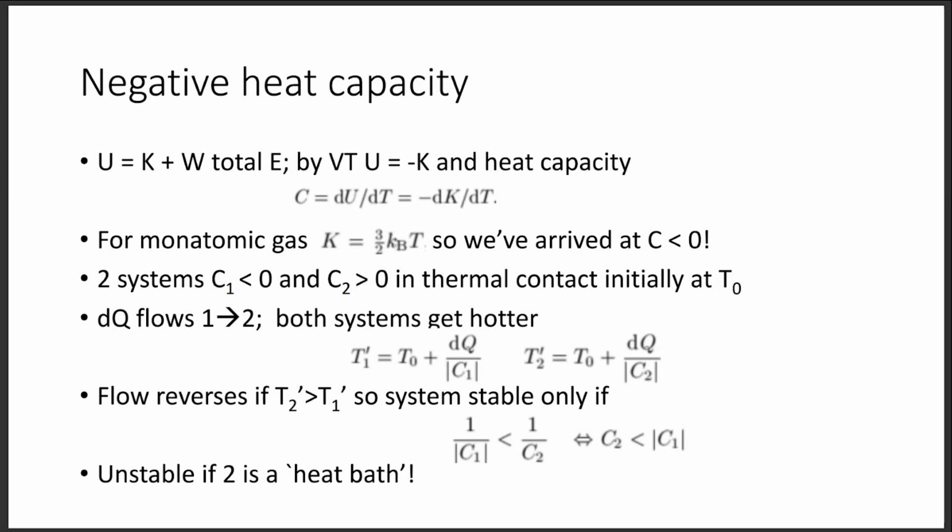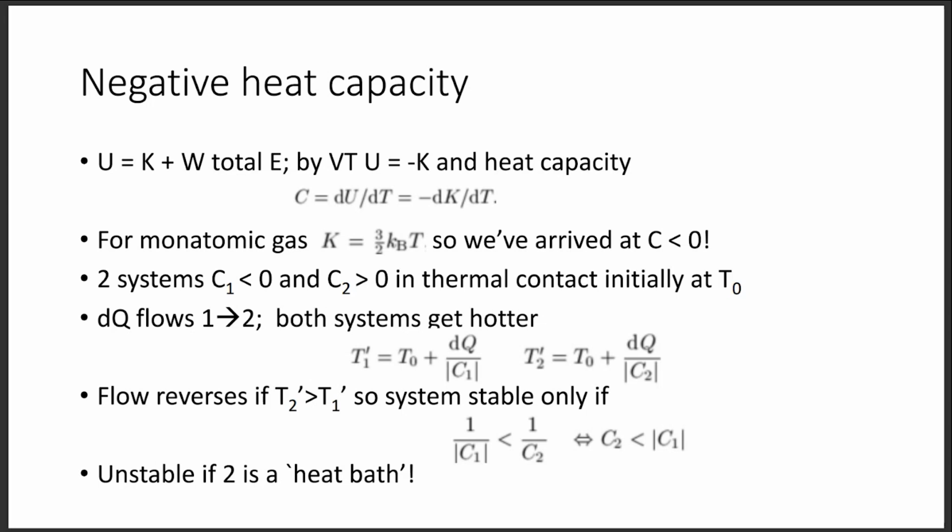And of course, 2 gets hotter because it has positive specific heat and it absorbed heat. We find that the first system goes to T1 primed, which is the original temperature plus the amount of heat that transferred out of it, divided by the modulus of its specific heat. Whereas T2 gets hotter by the amount of heat that it acquired, divided by its specific heat, which is positive.